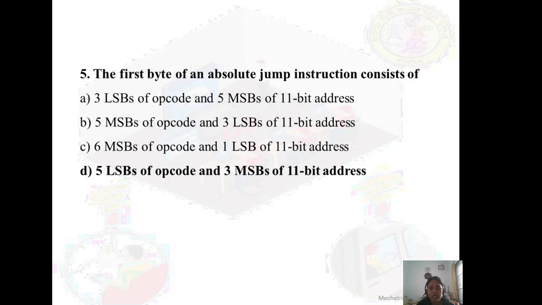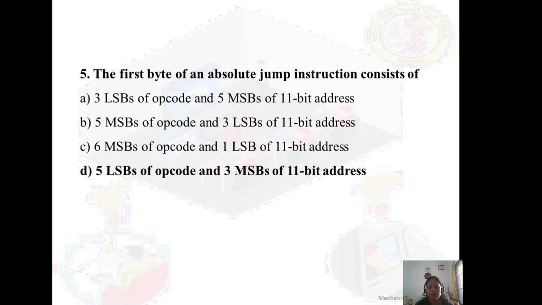In the first byte, the 3 MSBs of the 11-bit address are present. The other 5 bits, that is from 3 to 7, are of the opcode. Understood? In these 2 bytes, the 11-bit address is there, and the other 5 bits are the opcode.